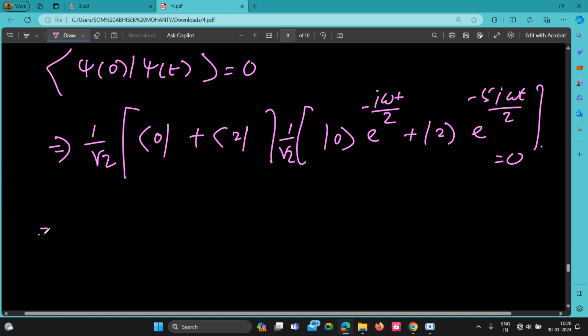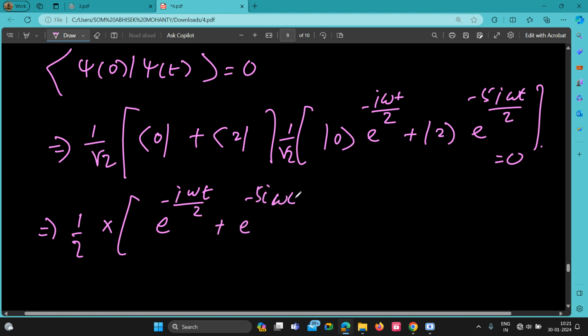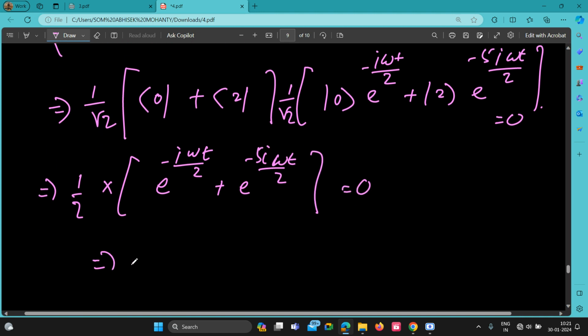So 1 by 2 into (e to the minus i omega t by 2 plus e to the minus 5 i omega t by 2) is equal to 0.